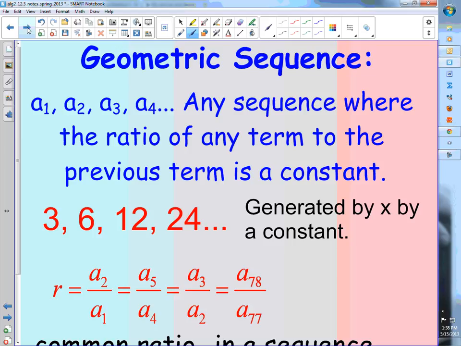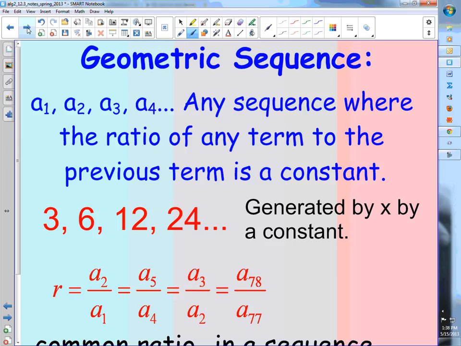All right, so geometric sequences, here's the deal. You're looking for a sequence, a sub 1, a sub 2, a sub 3, a sub 4, where the ratio of any term to the previous term is constant.